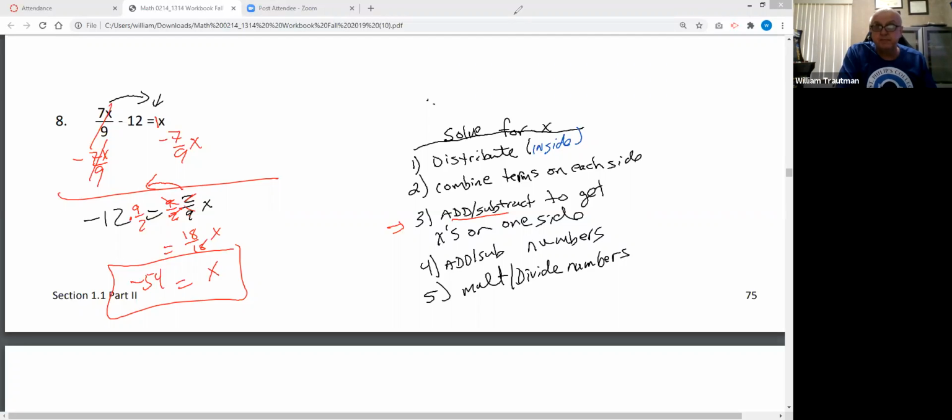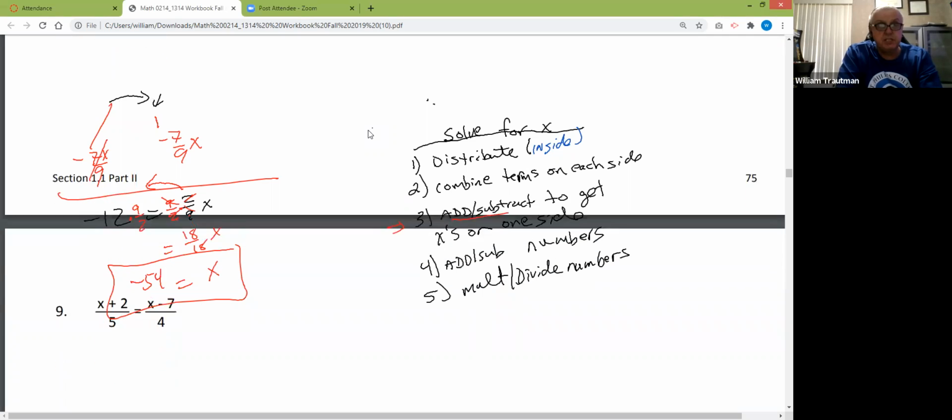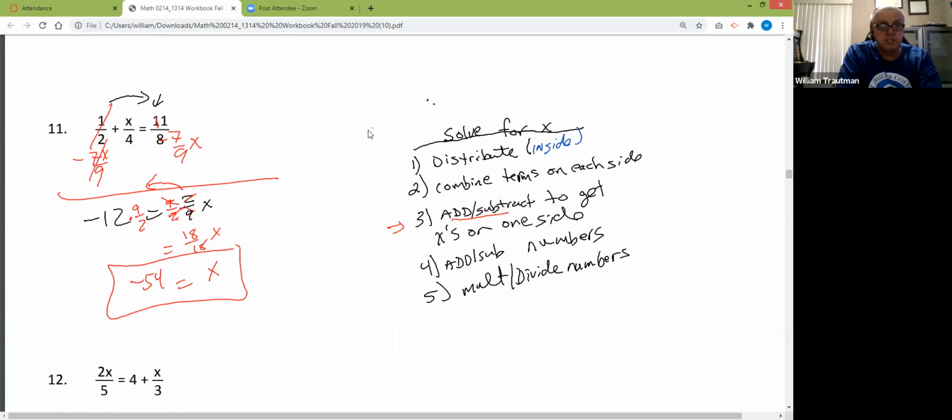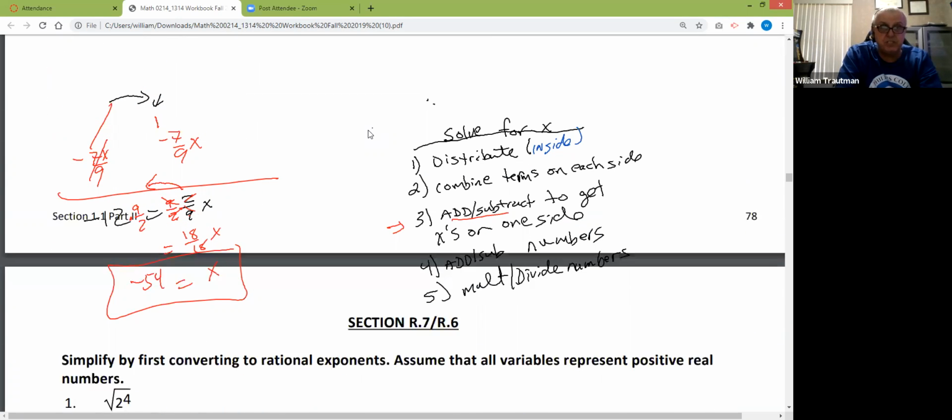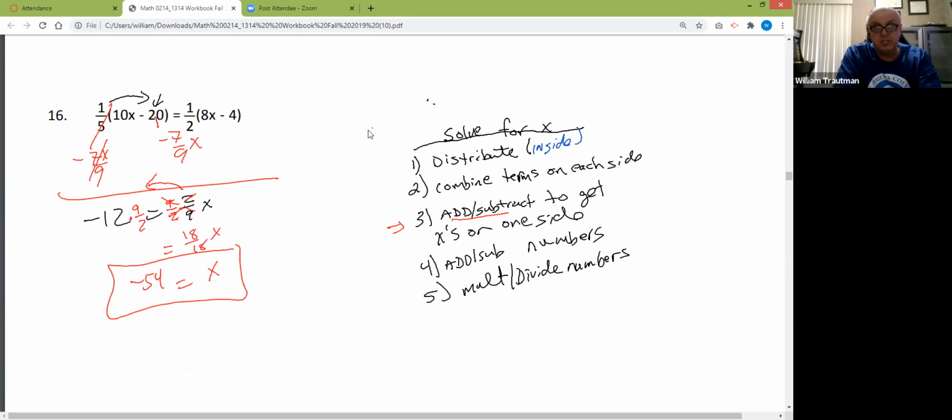All righty. How many questions are on this section? I haven't even checked. Oh, no. It's never going to end. Oh, no. 17. And I wanted to do 2 sections.